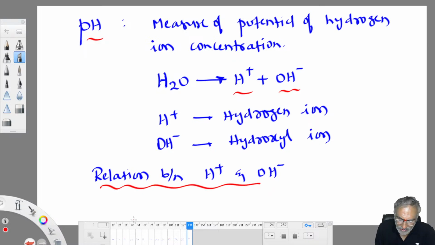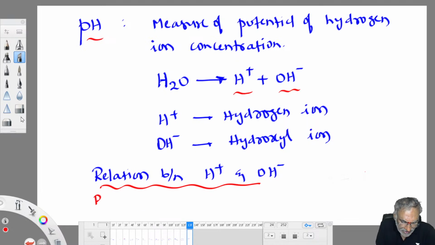Product of products by product of reactants is equal to the ionization constant K. This side is the reactant, this side is the products. If you split H2O, you get H plus and OH minus.